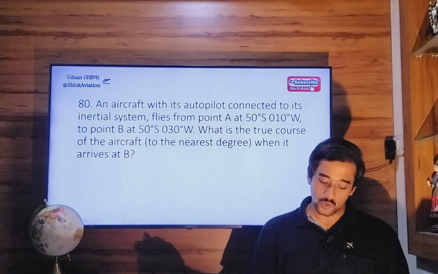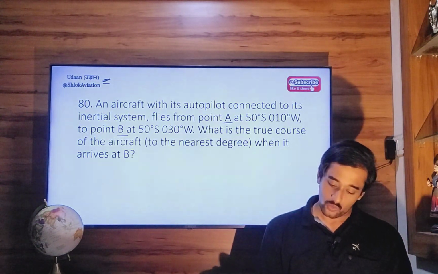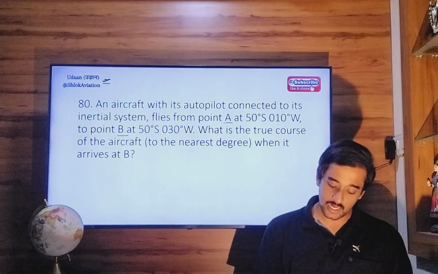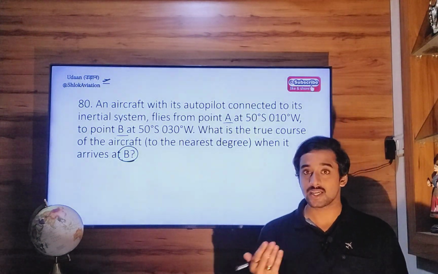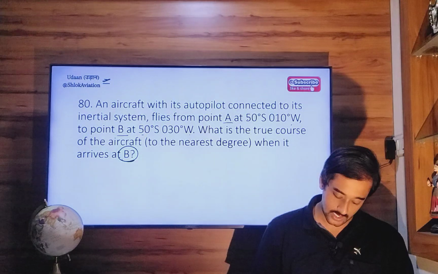Aircraft is connected to its inertial system. It flies from A to B. What is the course of aircraft when it arrives at B? Great circle at B. 50 south, 10 west, 50 south, 30 west.